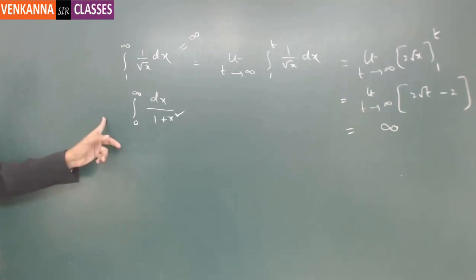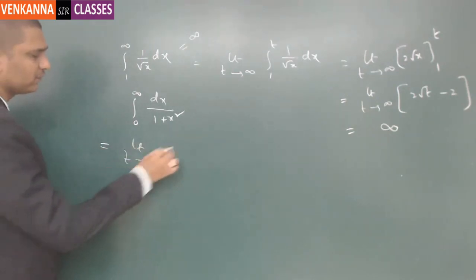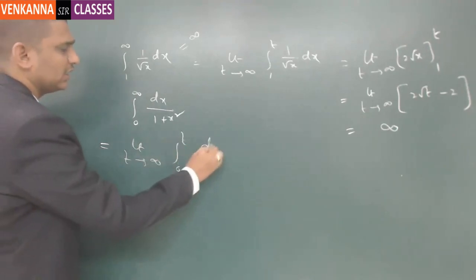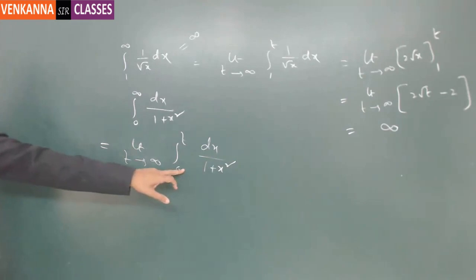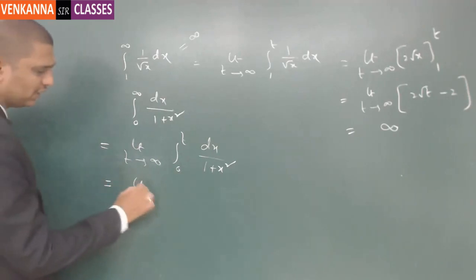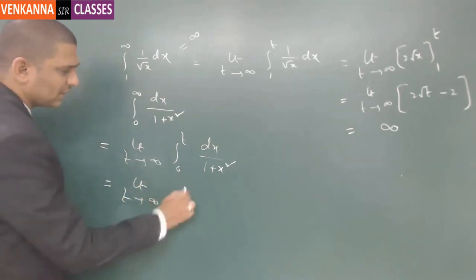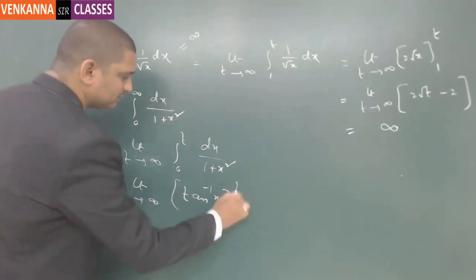For the other problem also we do the same thing. It is equal to limit t tends to infinity integral 0 to t dx by 1 plus x square. So what is the integration here? Is that tan inverse x, right? So equal to limit t tends to infinity tan inverse x between the limits 0 to t.